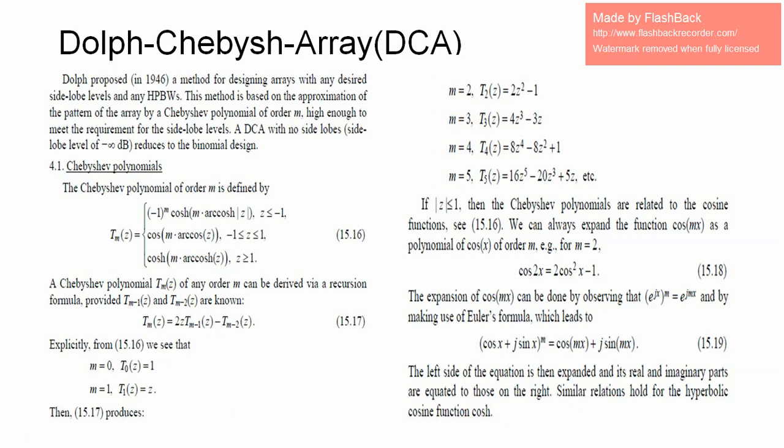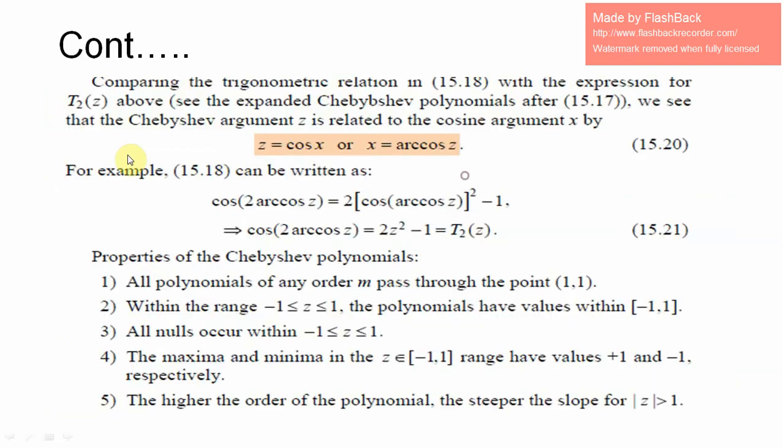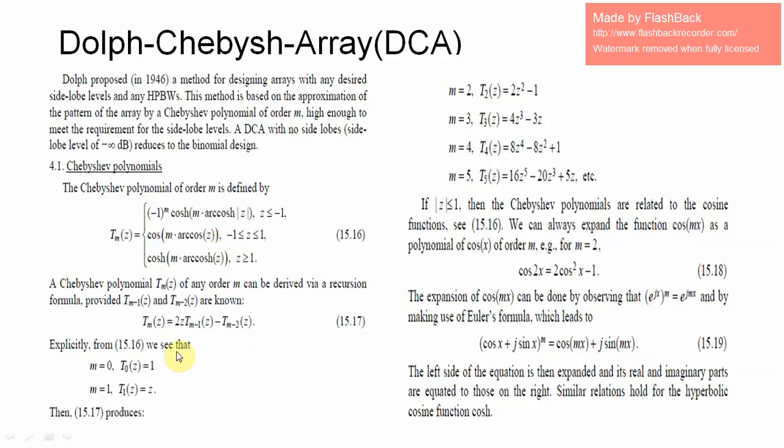From equation 17, the basic equation is Tm of z equal to 2z T of m minus 1 of z minus T of m minus 2 of z. For m equal to 2, T2 of z is equal to 2z T1 of z minus T0 of z.